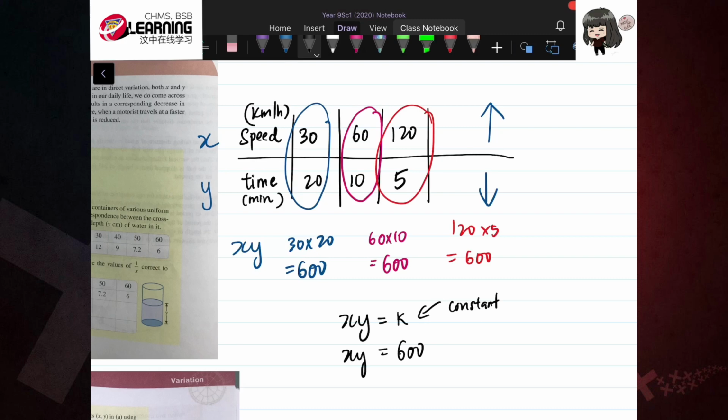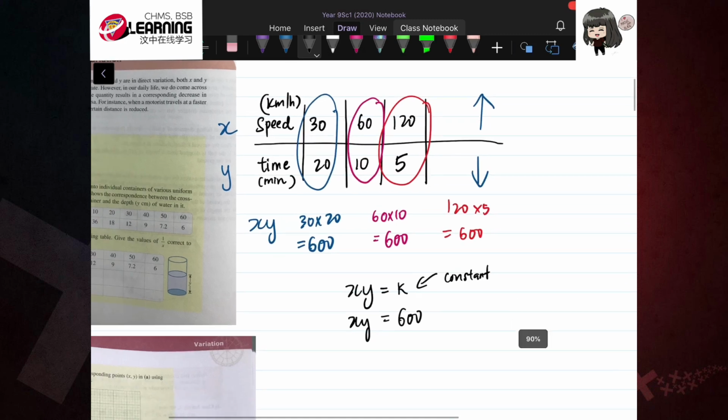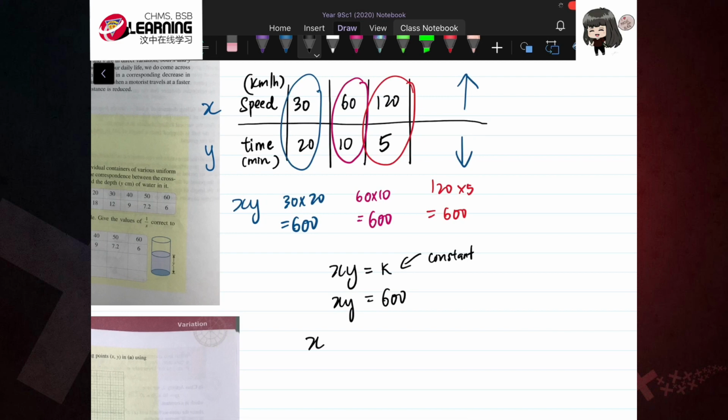So when we multiply and we have a constant, we can say that x is inversely proportional to y, or x varies inversely with y. It's the same thing.